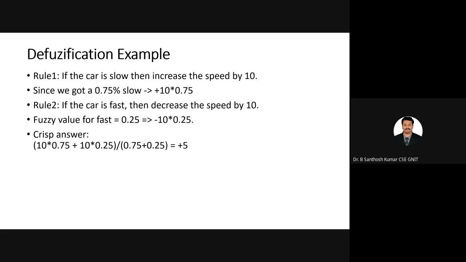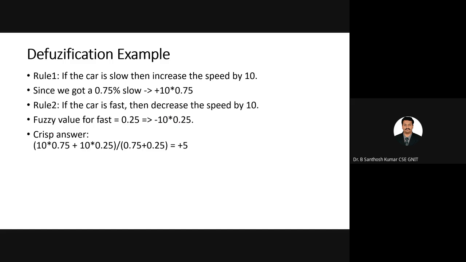If it is 0.75 slow, then we have to increase by plus 10 into 0.75, which means 7.5. Rule 2 is: if the car is fast, then decrease the speed by 10. If the fuzzy value for fast is 0.25, then we use minus 10 into 0.25.